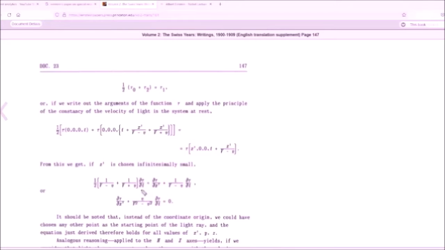From this we get, if x prime is chosen infinitesimally small, a partial differential equation that relates the change of tau in the moving frame to the rest frame, which depends on the difference of velocities. When you're going in one direction and returning in the opposite direction, you subtract the velocities.